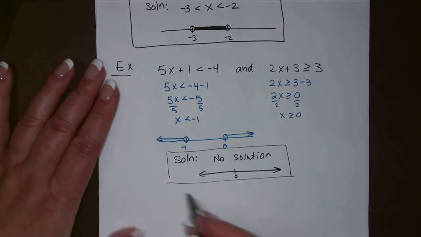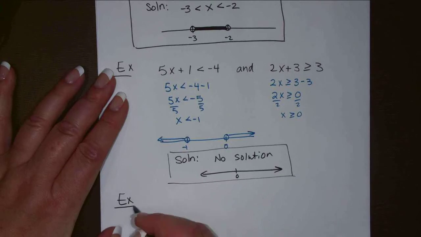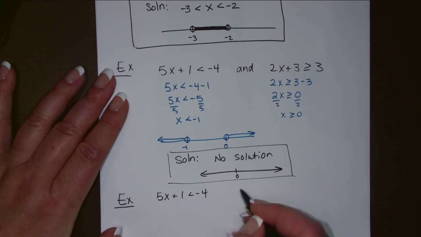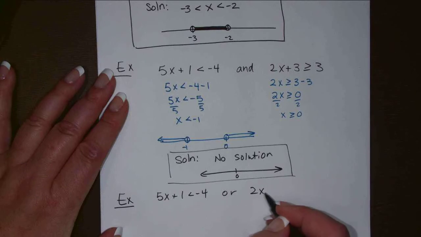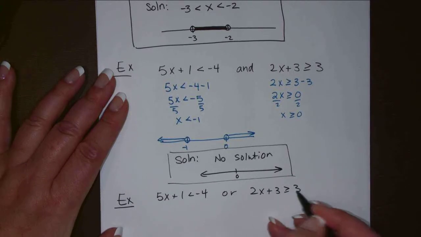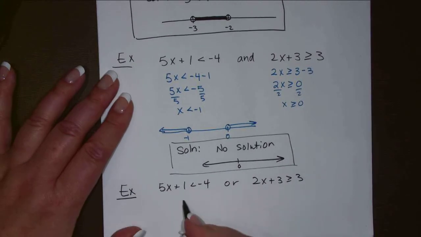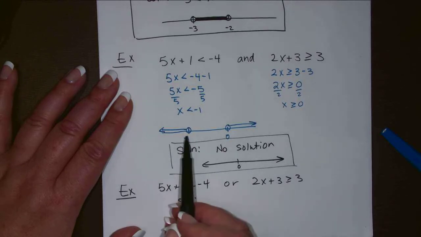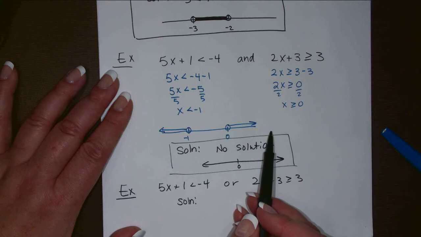Now, if it were or, what would be the solution? So, or it doesn't matter if they overlap or not, everything is the solution. So all of these numbers and all of these numbers are the solution.